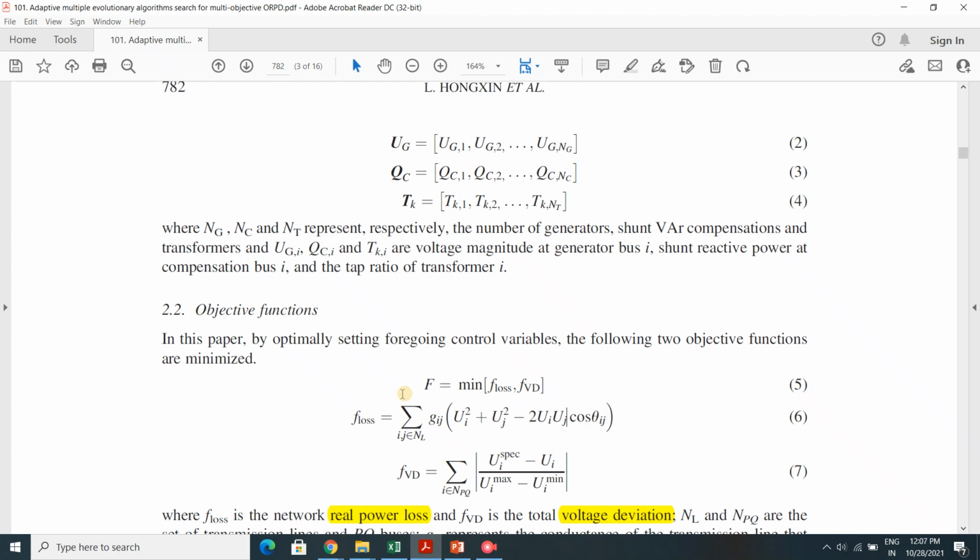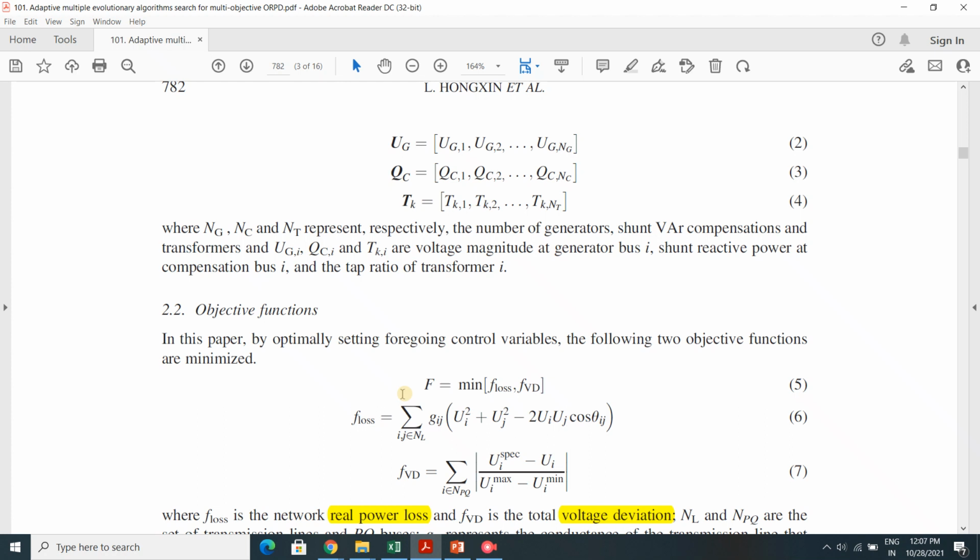The variables are the reactive power compensation, then the voltage of the bus bar, and the tap setting of the tap changing transformer. This is just an example of a problem I am telling you. So three variables. Number one is reactive power, how much reactive power you have to inject and at which location.